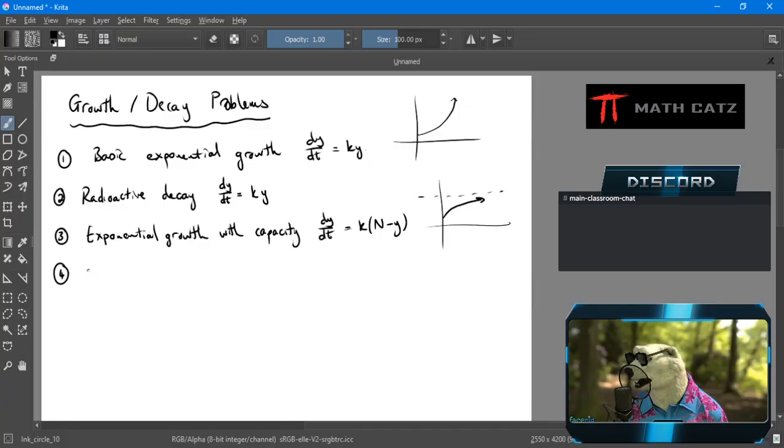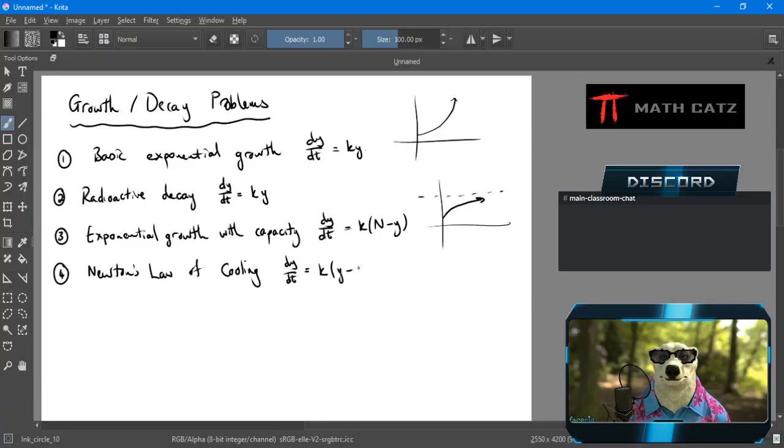Then we looked at another decay situation, you can call it, with Newton's law of cooling, where the temperature changes at a rate proportional to the difference between that and some room temperature, let's call it T, or some ambient temperature, whatever the situation may be.